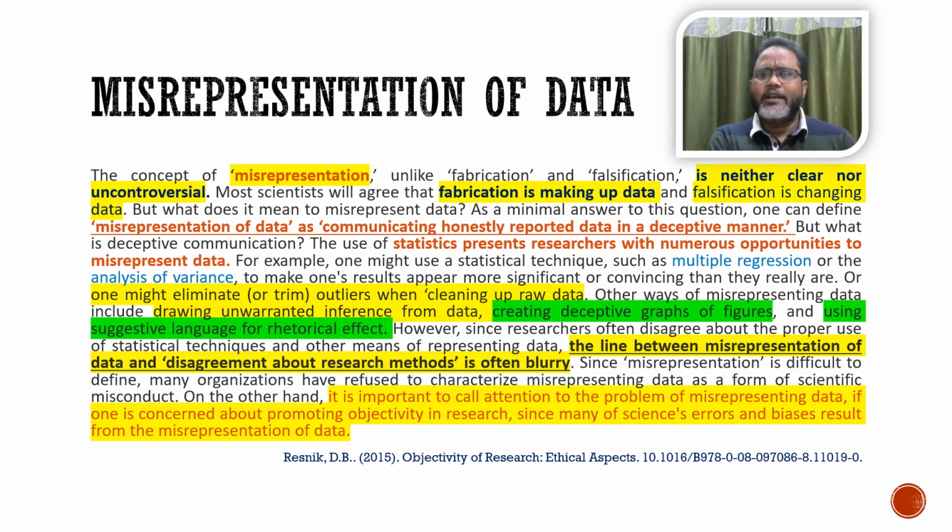You can use one kind of statistical technique, or an analysis of variance, which might not at all be implemented in your research, but you did that just to glorify your research, to make the result look better. And another aspect is that you can eliminate some of the values which are negative, or values which are near to zero.